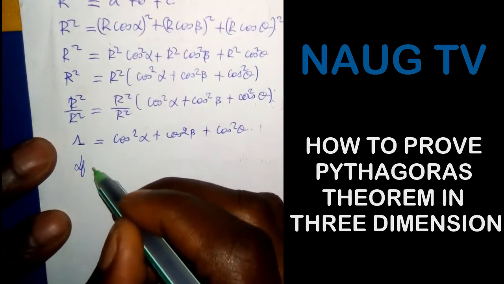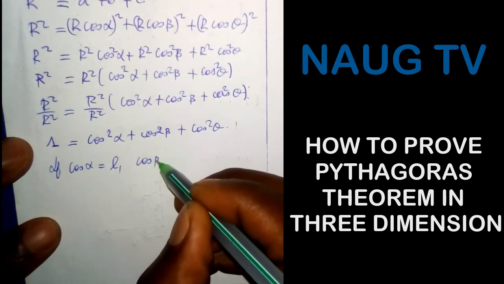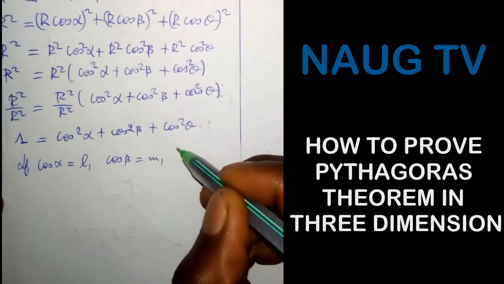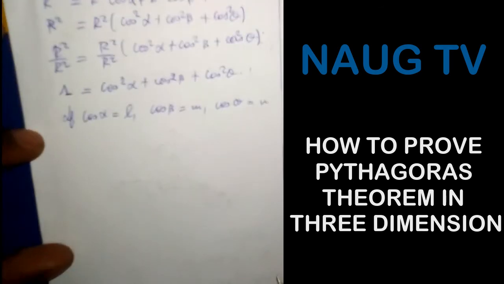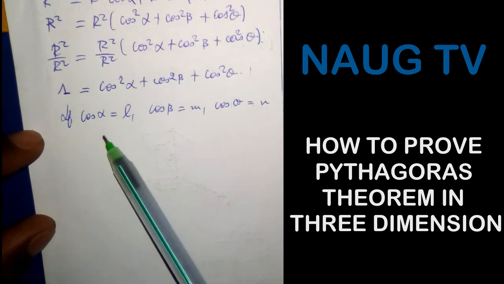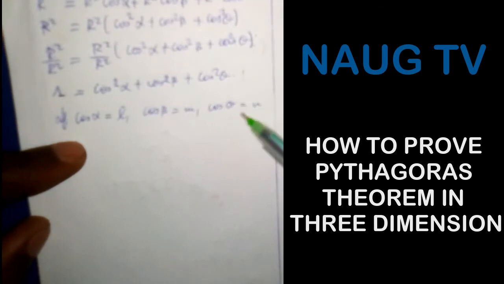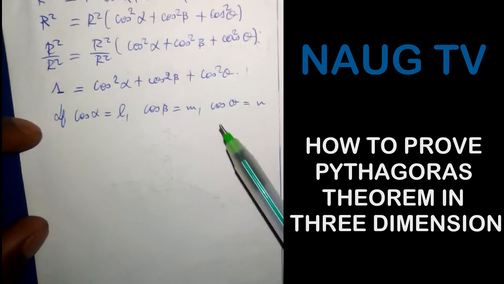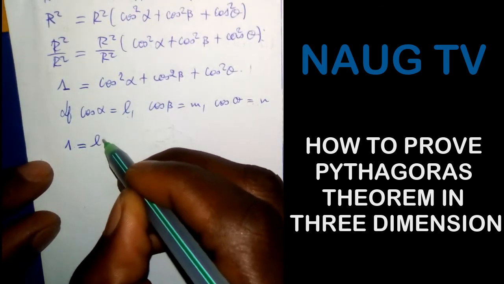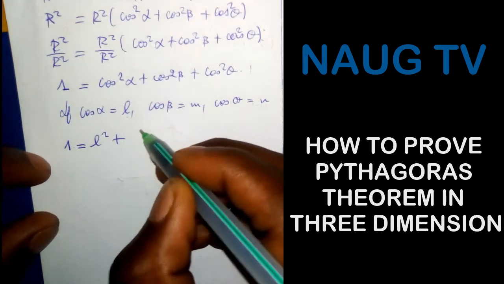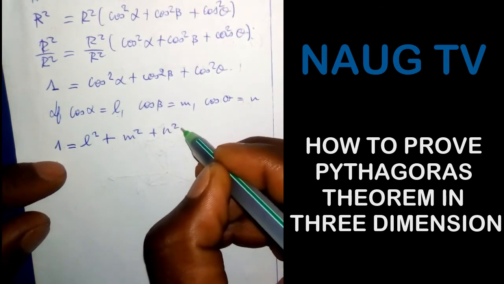So if cos alpha equals L, cos beta equals M, and cos theta equals N, and we replace the values of cos alpha, cos beta, cos theta in this equation, we will get 1 equals L squared plus M squared plus N squared.